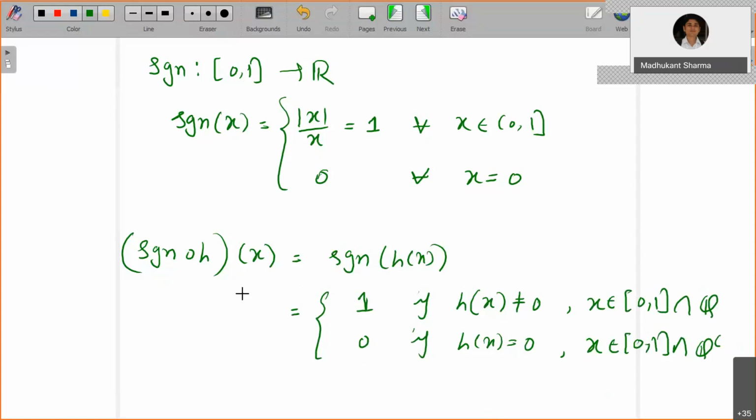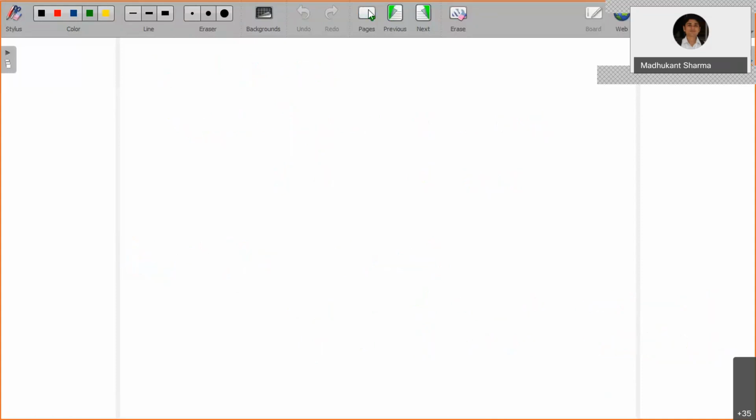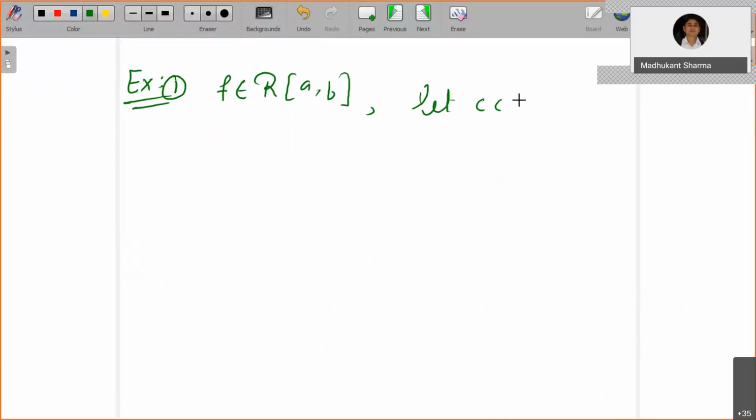Right. So now I can give you the exercise as follows, which you can now work out. The very first exercise: f is Riemann integrable, and let c belong to the open interval (a, b), any point.